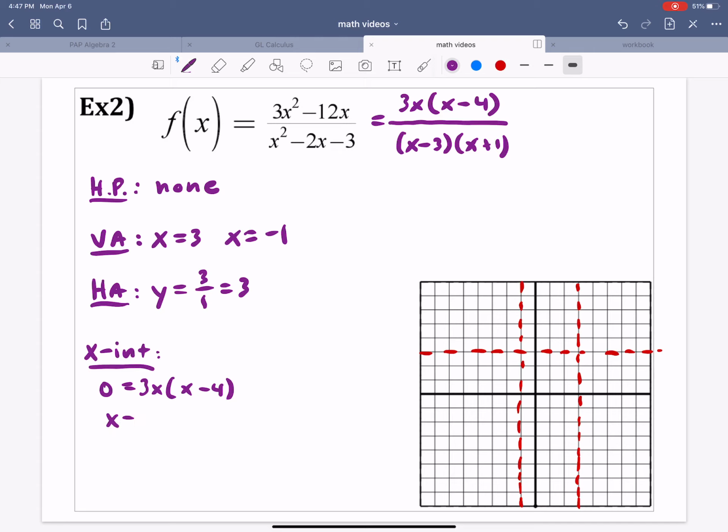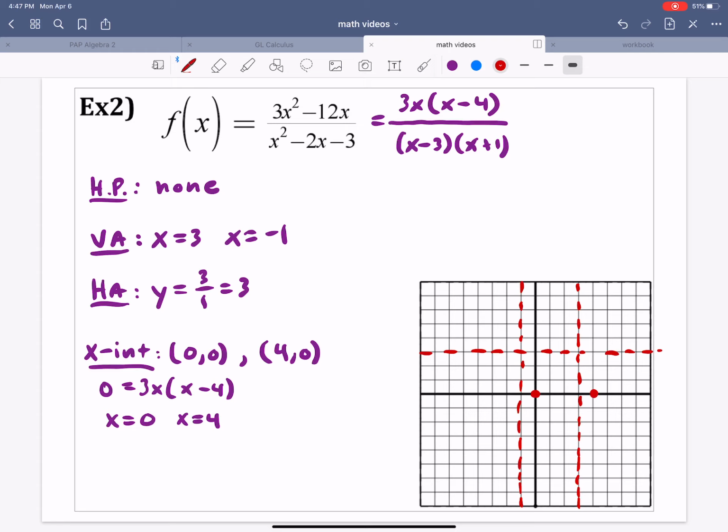Solve for x in each one of those, so we get x equals 0, and we get x equals 4. So there's actually 2 x-intercepts in this problem, (0, 0) and (4, 0). So let's plot those points on the graph. (0, 0), and 1, 2, 3, 4, (4, 0). Okay, so there are my 2 x-intercepts.